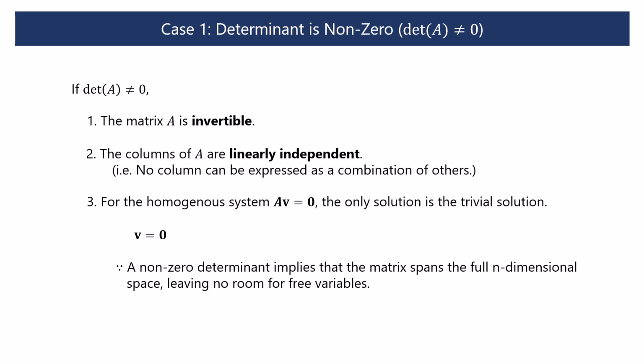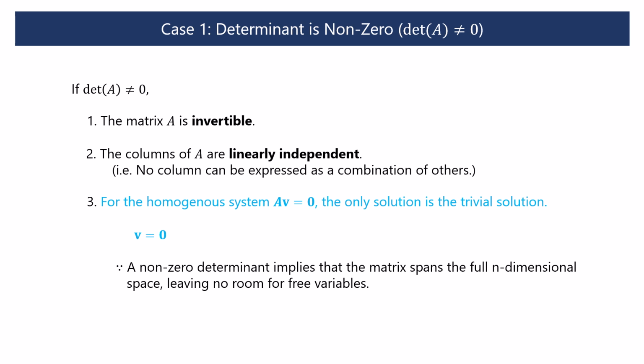Let's consider a case where the determinant is not zero. If the determinant of matrix A is not zero, the following properties hold. First, the matrix A is invertible. Second, the columns of A are linearly independent. That is, no column can be expressed as a combination of the others.